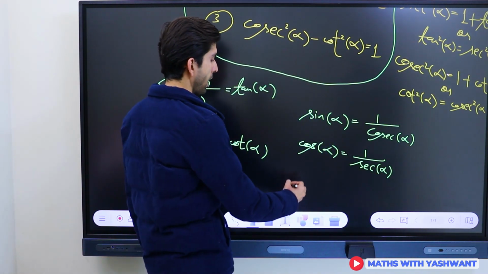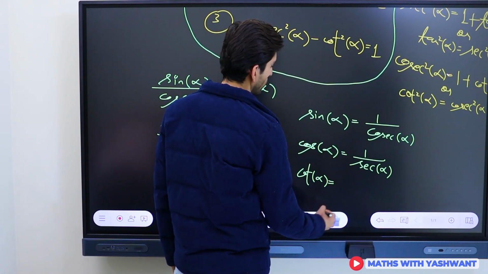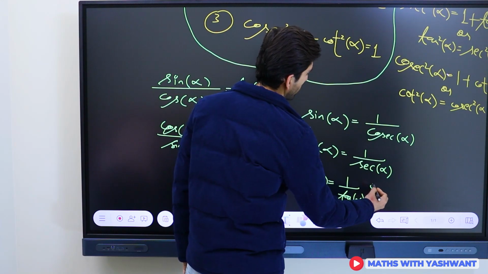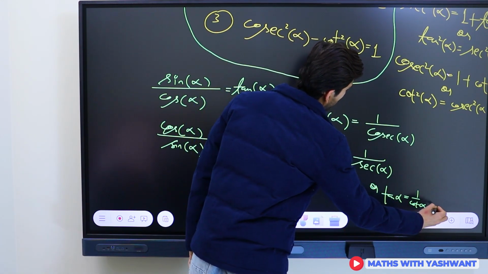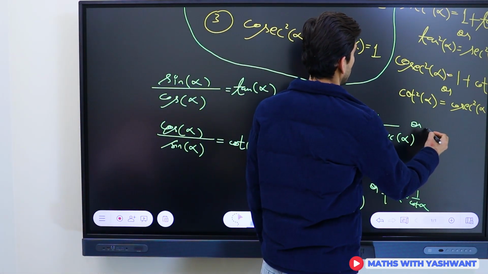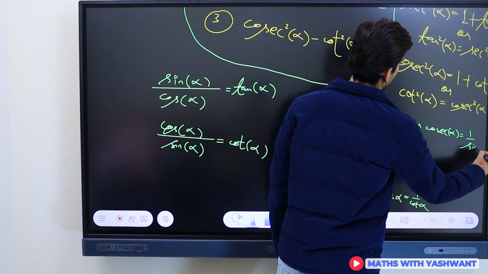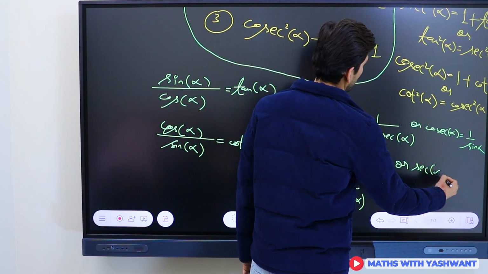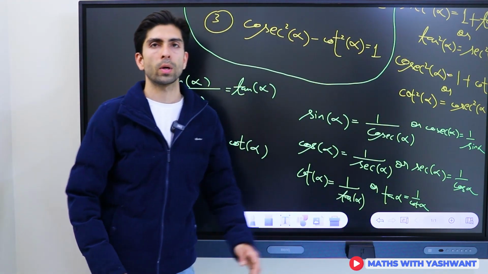And lastly, we have cot alpha, which is equal to 1 by tan alpha, or you can say tan alpha is equal to 1 by cot alpha. For this as well, you can write cosec alpha is equal to 1 by sin alpha, or sec alpha is equal to 1 by cos alpha, depending on the situation.